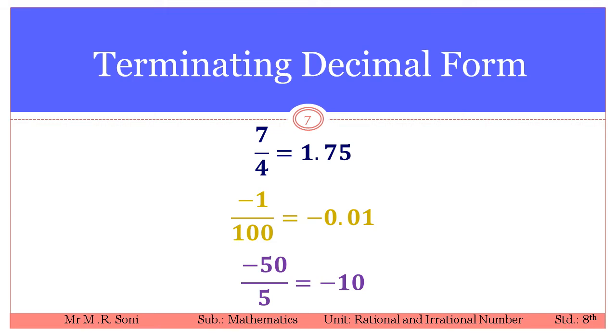In this case, after dividing 7 by 4, the remainder is 0. Hence, the process of division ends. Such a decimal form of a rational number is called a terminating decimal form. Few more examples are as follows.